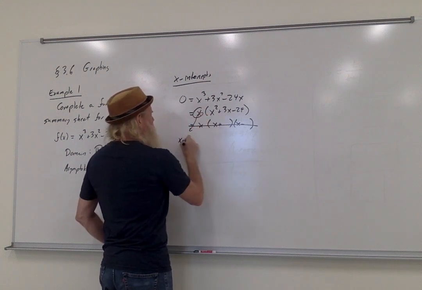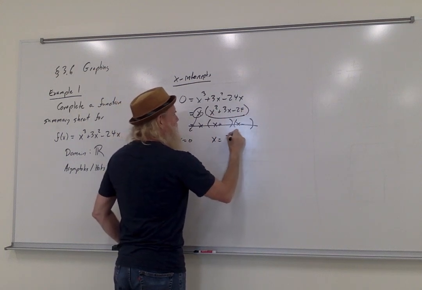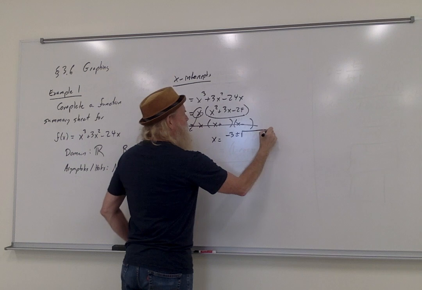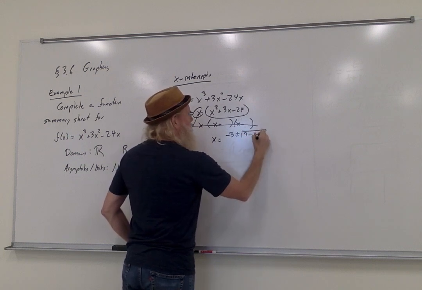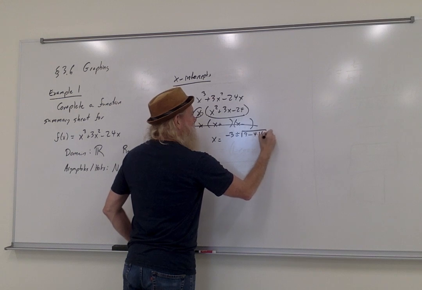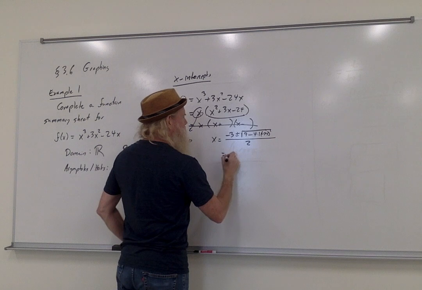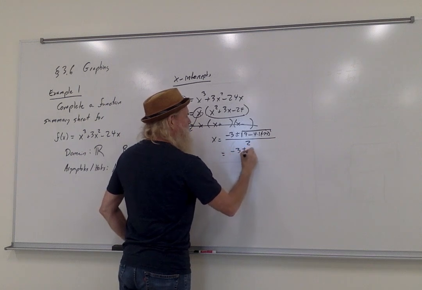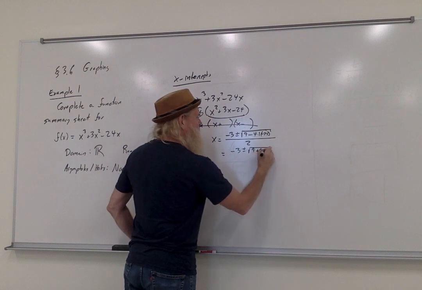For x, we'll have x equals 0. For this part, x will be negative 3 plus or minus the square root of 3 squared minus 4 times a times c, all over 2a. So that's negative 3 plus or minus the square root of 9 plus 96.